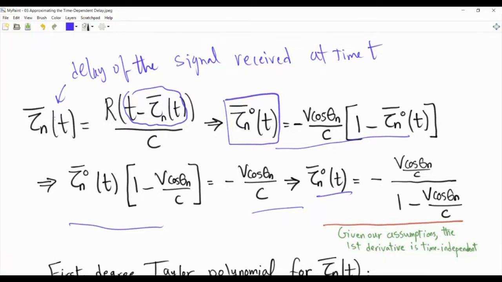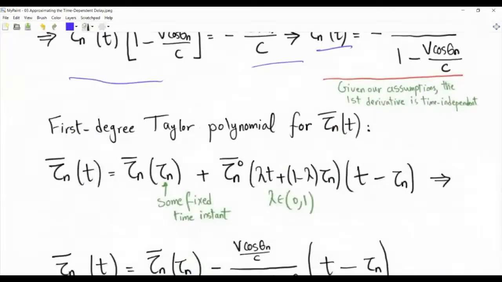So now the delay as a function of time is sort of a linear function, right? If the first derivative is a constant under our assumptions, the delay itself changes linearly with time. And so what we'll do is write down the first degree Taylor polynomial for this function.